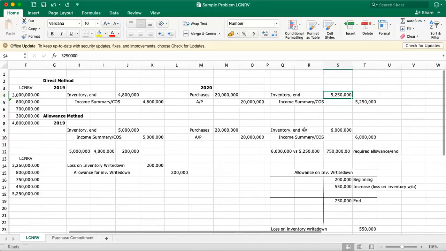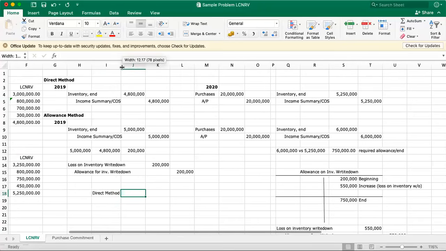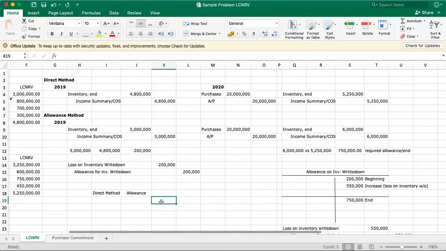Okay, so let's prove kung same ra ba ang cost of goods sold. So under the direct write-off method, you have the direct method and you have the allowance method. So they have beginning inventory. Under the direct write-off method, di ba this ending 2019, so the beginning inventory is 4,800,000.